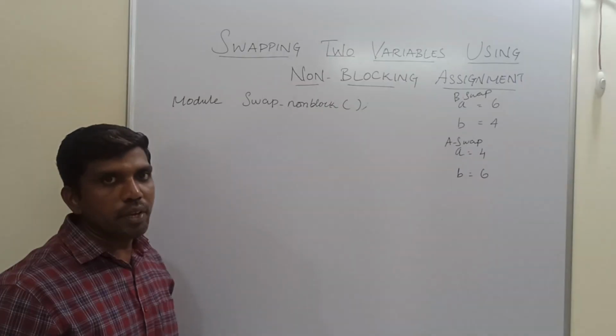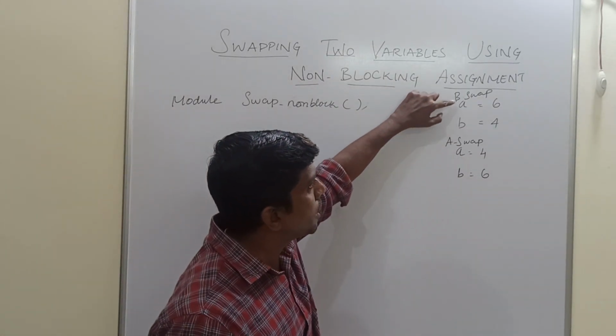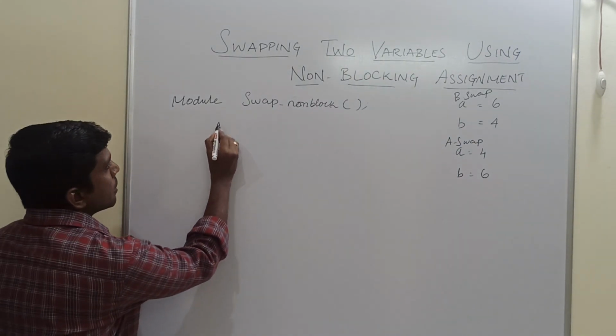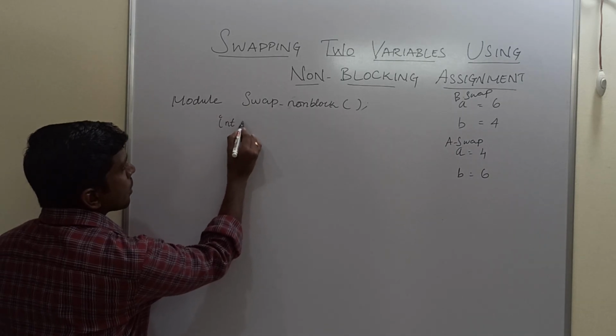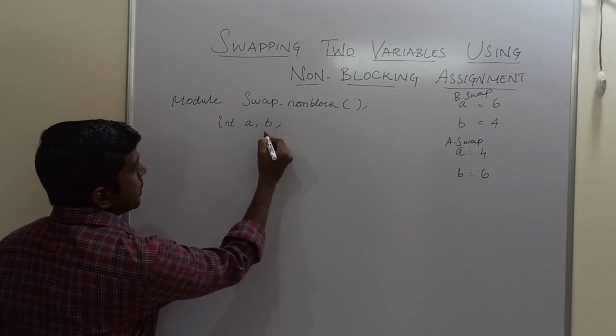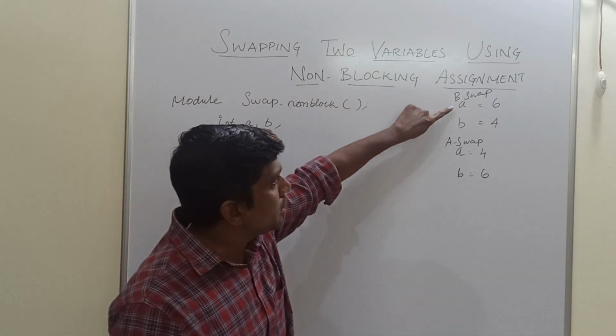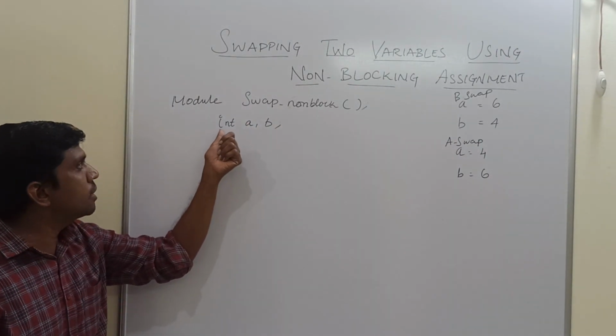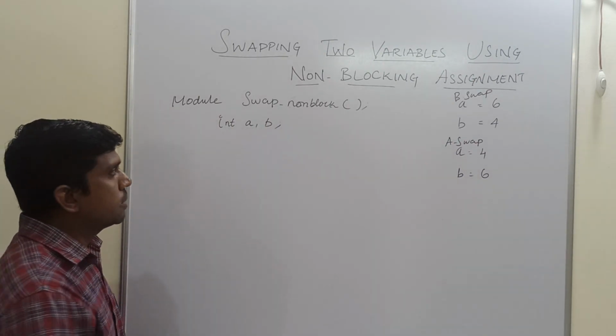Then I initialize the variables. Here I am taking two variables A and B, and both variables come under integer. So I declare int A, B.